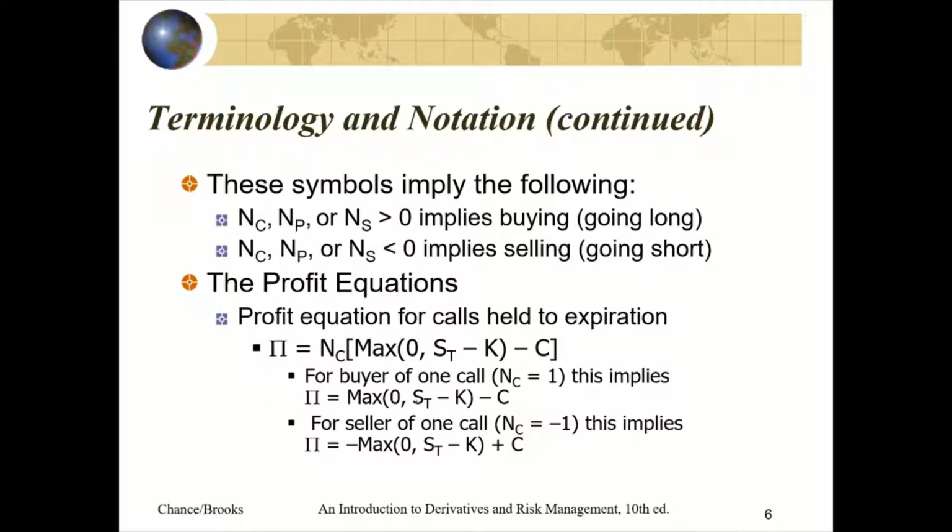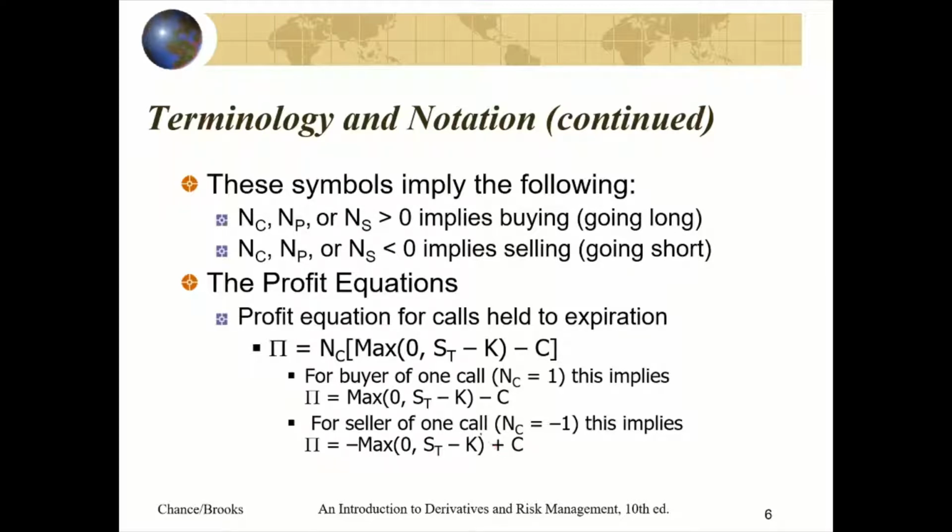For the party that took a short position in a call option, or the seller of the call option, or the writer of the call option, we will consider N_C to be negative, so it will be -1, which implies that the profit will be, since this is equal to -1 times what's inside the bracket, negative of the payoff plus the premium we received.